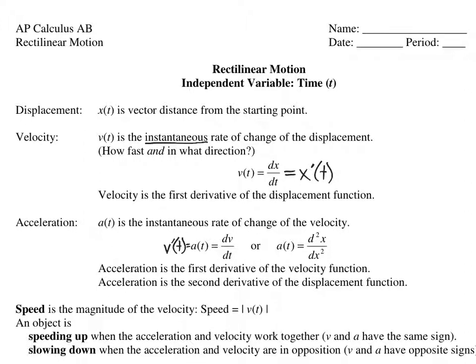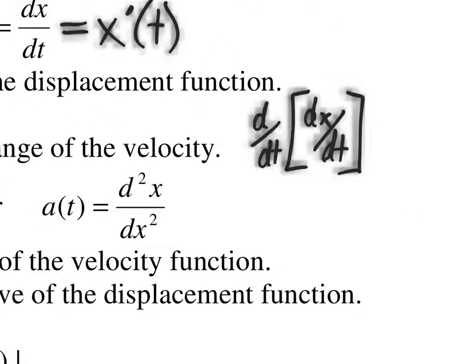Or, if you think about it, it is the derivative with respect to t of the derivative of x with respect to t. That's what we're doing here. We're taking the derivative of x, and that's why we have this notation.